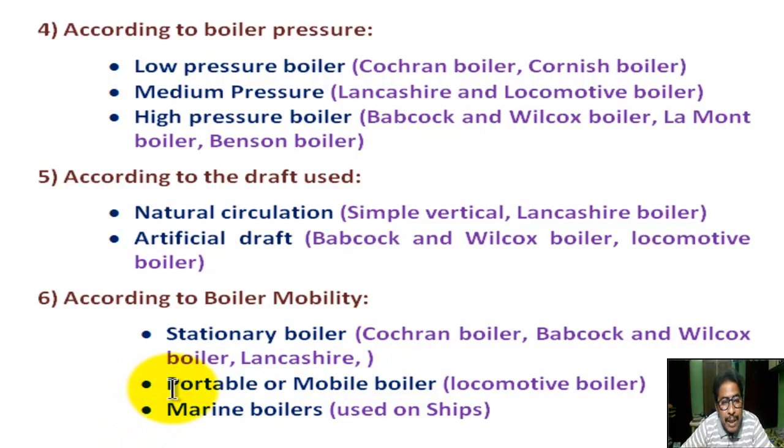Next, portable or mobile boiler. If the boiler can be moved from one location to another, it is known as portable or mobile boiler. Mobile boiler is mainly used to drive the railway engine.